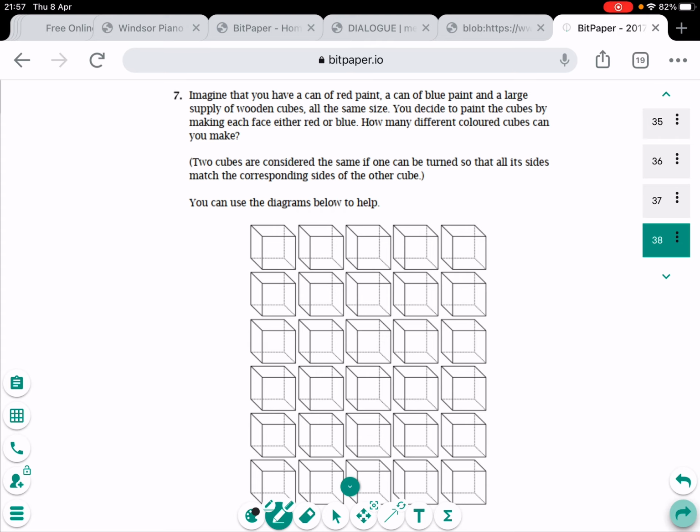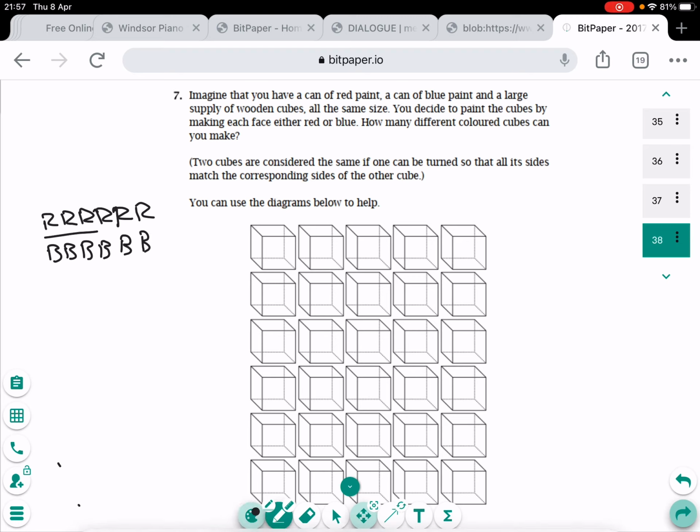So you have red paint and blue paint. So let's start with, because it's kind of like symmetrical. What I mean by that is you can have red, red, red, red, red, and red, so that's 6 sides. And you can have blue, blue, blue, blue, blue, blue.